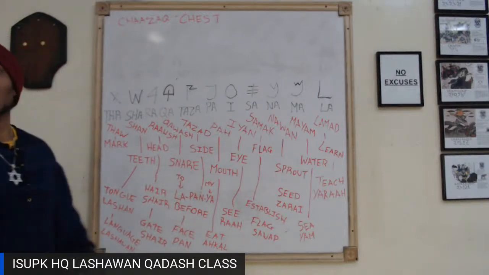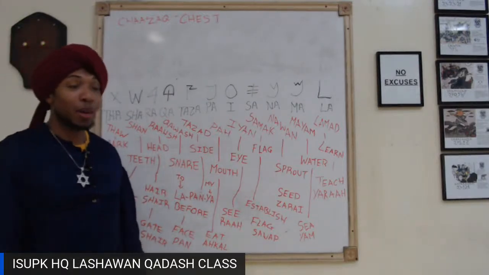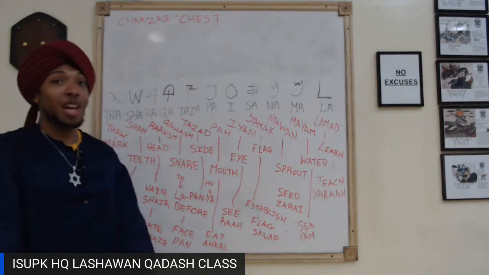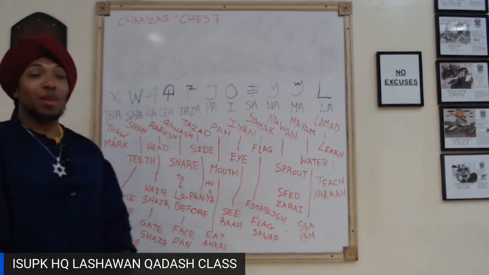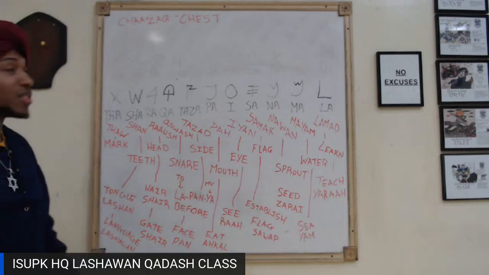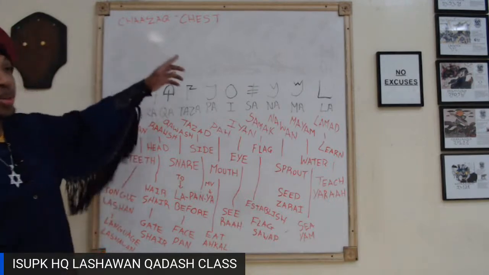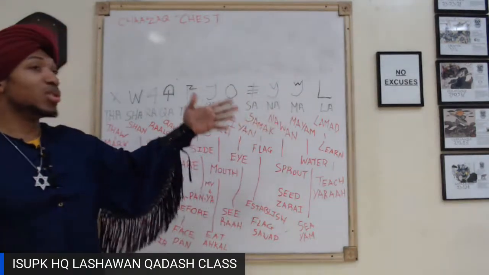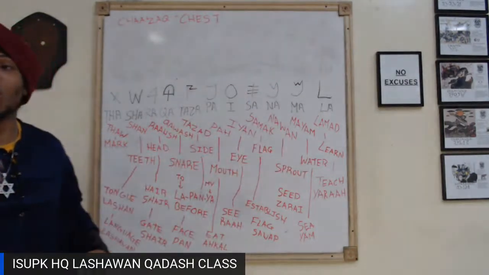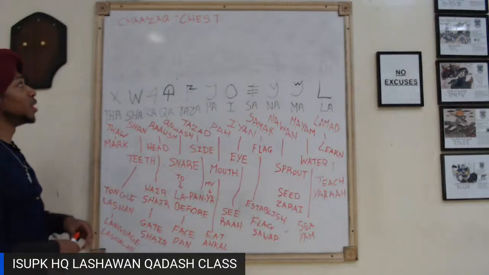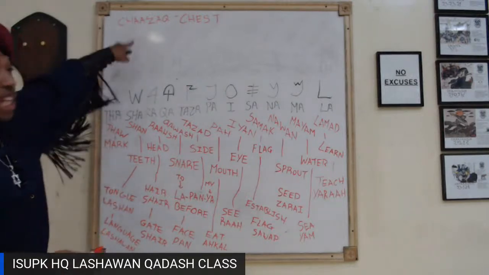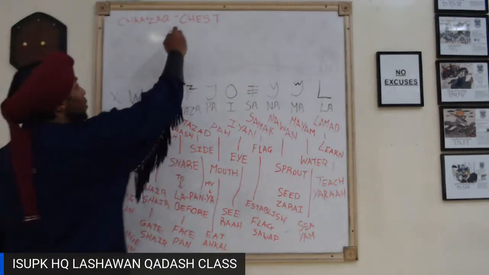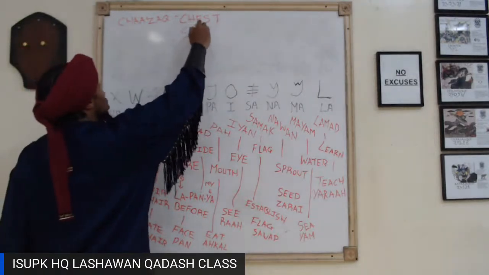Now, the strong man, you see what I'm saying? So chest became a symbol for us to say strong. So you picture your strength, and you picture your strong chest. Kazakh, which is strong.